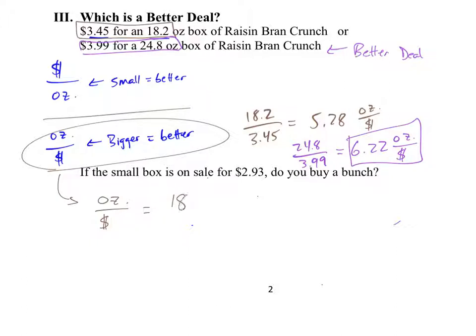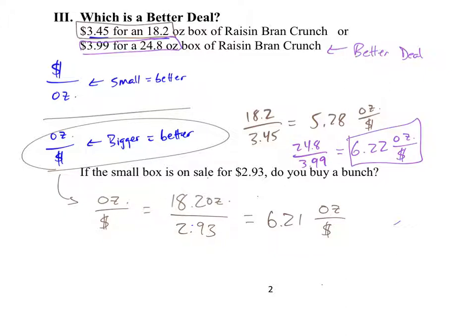The smaller box was 18.2 ounces, grabbing that number from up here. And now it's $2.93. So if I grab my calculator, do 18.2 divided by $2.93, I come up with 6.21 ounces per dollar.